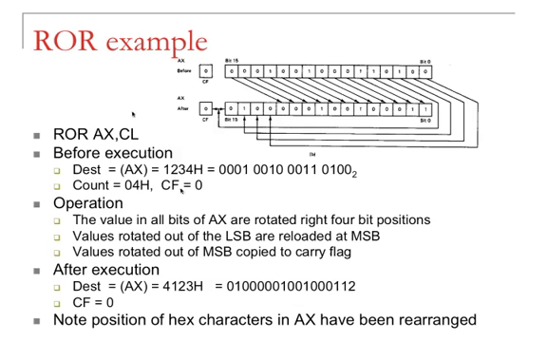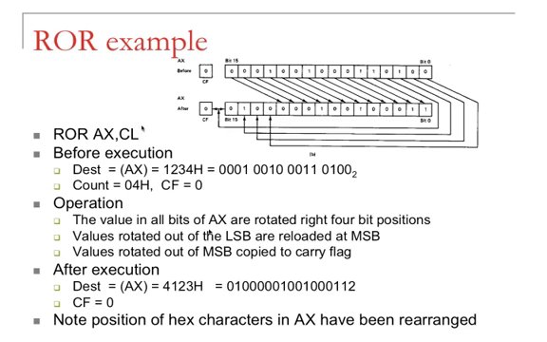ROR is rotation to the right. In this example, we have ROR AX, CL. And let's assume that before the execution of this instruction, we again have 1234 hexadecimal in register AX, CL has 4, and the carry flag has 0.